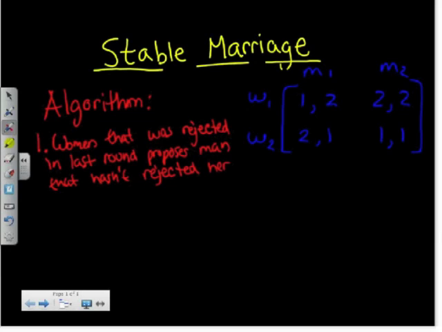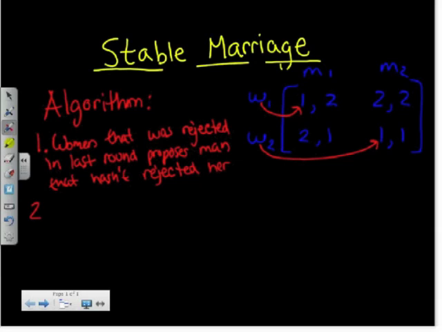So in this example, from step 1, woman 1 prefers man 1, so woman 1 would propose to man 1, and woman 2 prefers man 2, so she would propose to man 2.